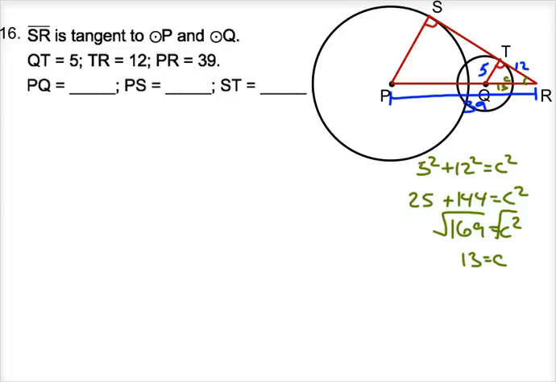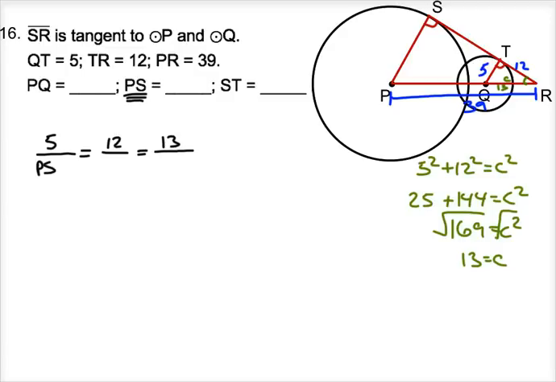So now if I think of setting up a proportion for similar triangles, if I do all three sides at the same time, I know my little triangle has side pieces 5, 12, and 13. In the large triangle, the piece that corresponds to 5 is going to be PS, which is one of the pieces I'm trying to find.